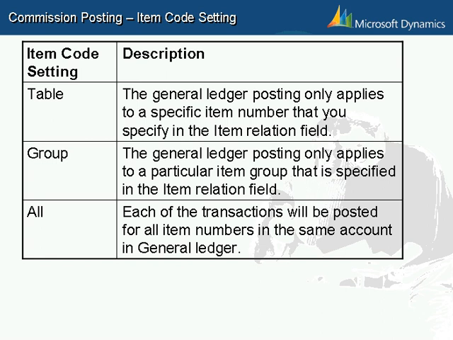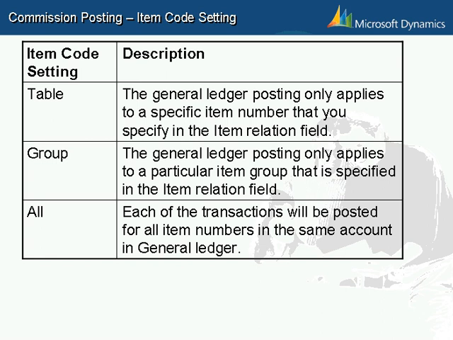Groups of sales representatives, items, and customers can also be set up in commission relationships in the commission calculation table. Commission sales group code can be set up in the commission sales group table and later assigned to a sales representative.